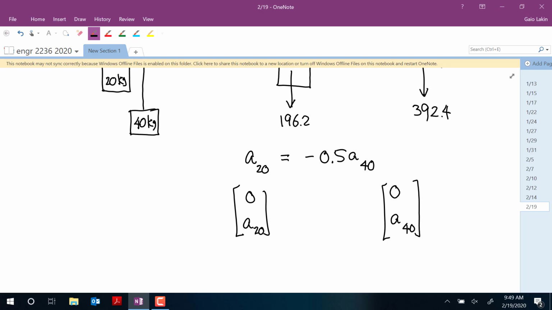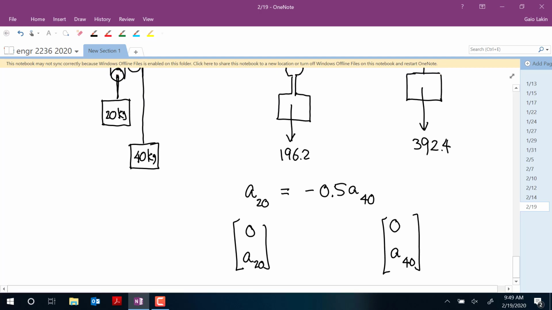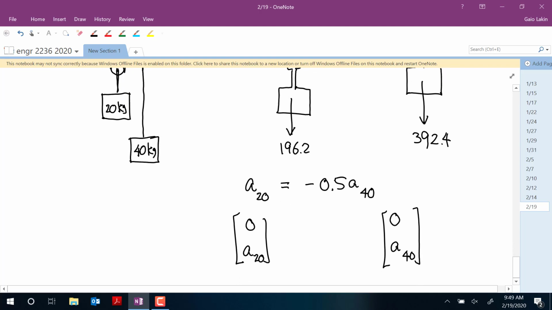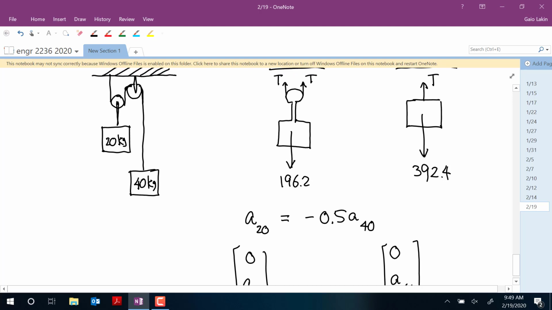I keep wanting to switch them, I put the 2 on the 40 or put the half on the 20, but in my mind it's getting switched.